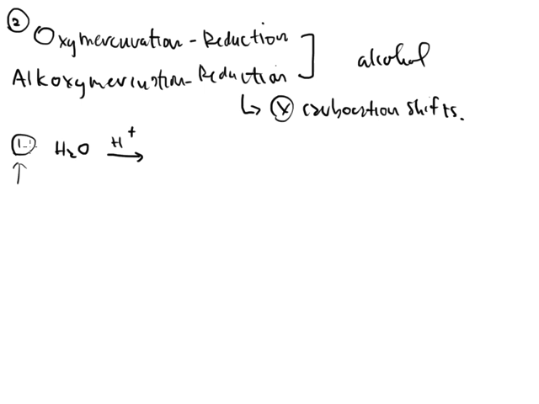Now, let's talk about what is needed for this reaction to go forward. Number 1, in oxymercuration, the alkene, that double bonded molecule that we've been focused on this entire lecture series, is going to be treated with mercuric acetate.